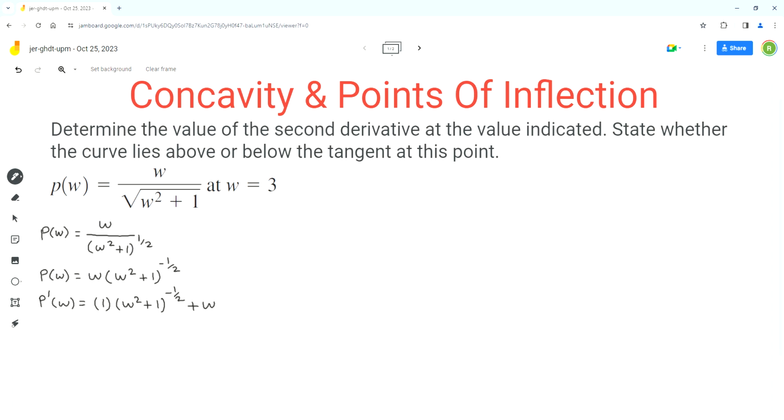So we start with the derivative of the outer function and for that we'll use the power rule. So we'll move the exponent negative half to the front and subtract 1 from negative half.